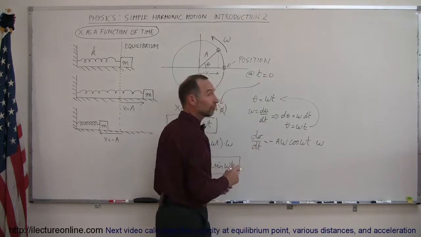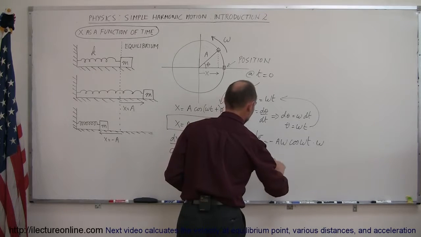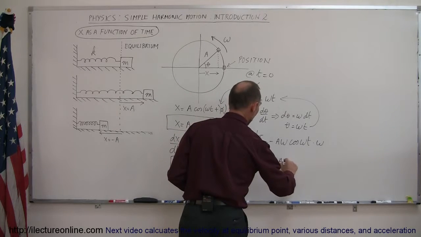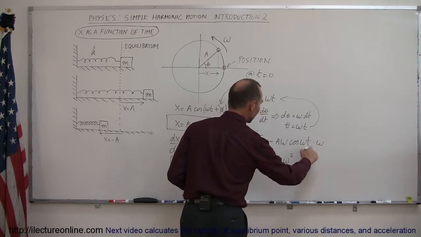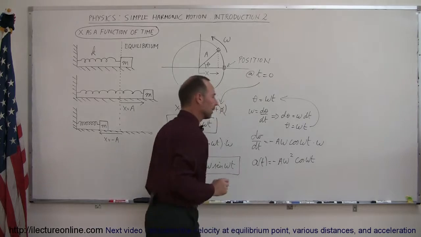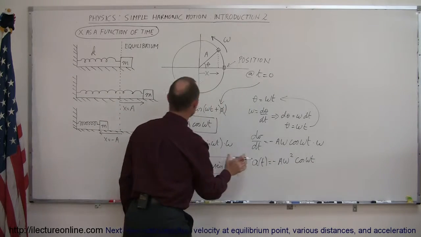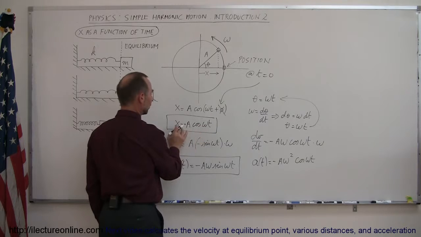Or dv dt, of course, you know now that's the acceleration. So the acceleration as a function of time is equal to minus a omega squared times the cosine of omega t. Now, of course, you also realize that a times the cosine of omega t is what we had over here, that's equal to x.